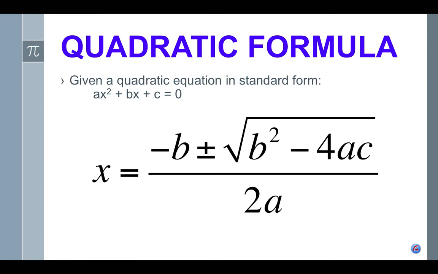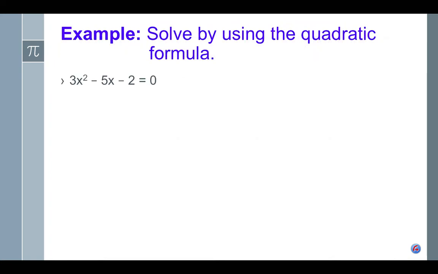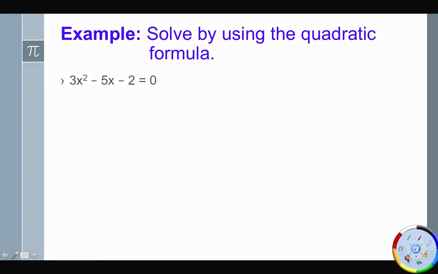So let's look at this first example. Technically, this first example will factor, however, let's say you couldn't factor it quickly. So we use the quadratic formula, which uses a, b, and c.